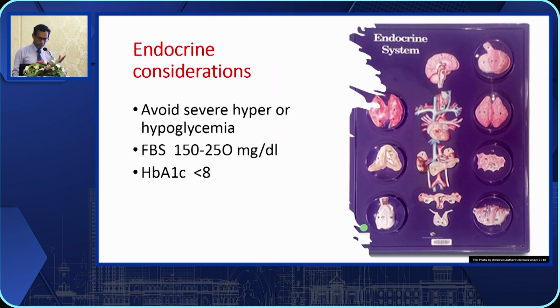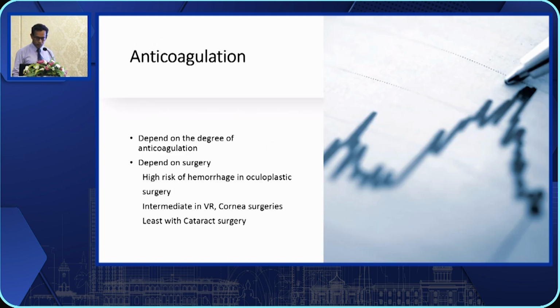The endocrine thing I don't discuss, because Dr. Bulga already discussed glycemic control and so on. There are different guidelines for blood sugar control, and that varies with the surgeon as well. Anticoagulation: cataract surgery, as mentioned, is the lowest risk surgery. It's not a vascular surgery. No need to stop aspirin or clopidogrel in general, right?